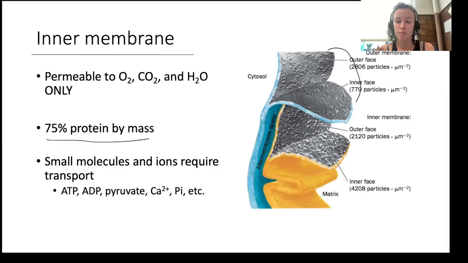You can see how the outer membrane has fewer proteins because it's less bumpy to the eye. Now, the inner membrane, in particular the inner face, has an incredible number of proteins. These are going to be transporters that we talk about today, but also think of the complexes of the electron transport chain.